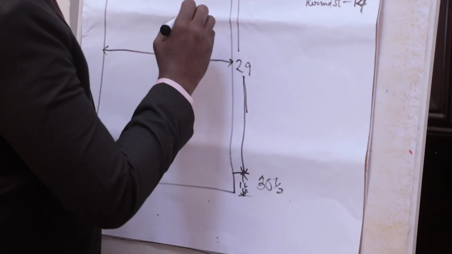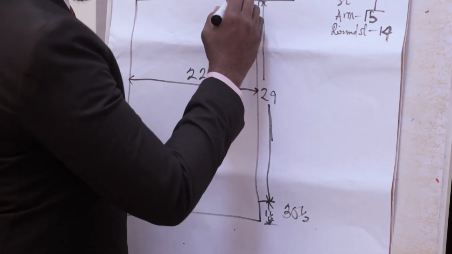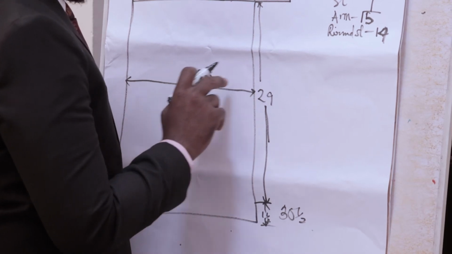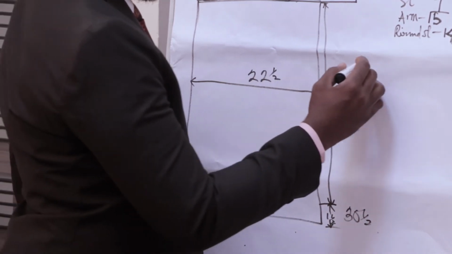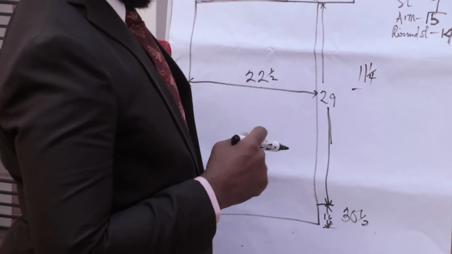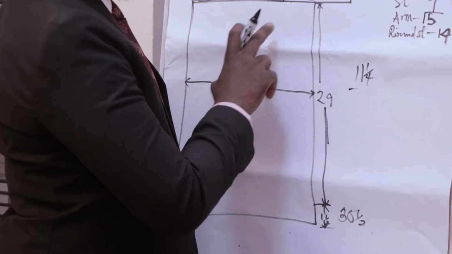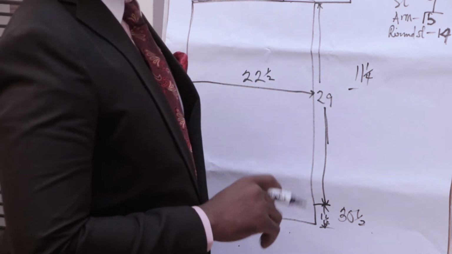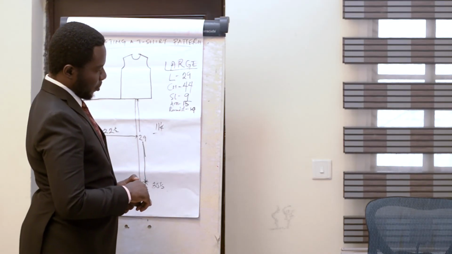Your shoulder is supposed to be this measurement divided by 2, which is 11.25, minus the division of the shoulder measurement plus ½ inch.